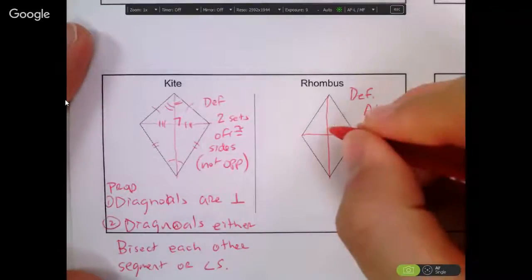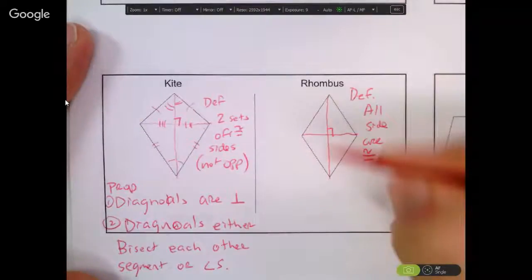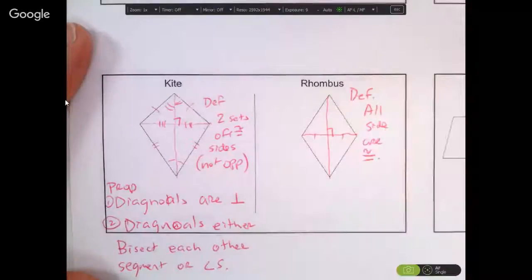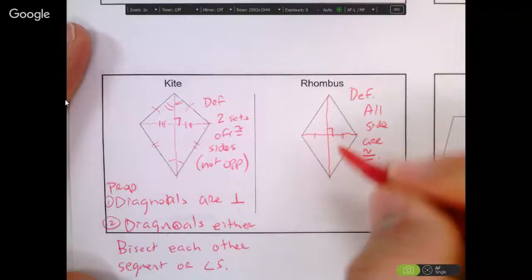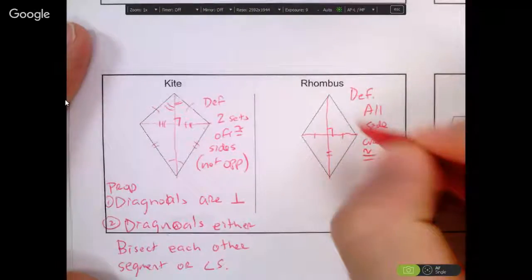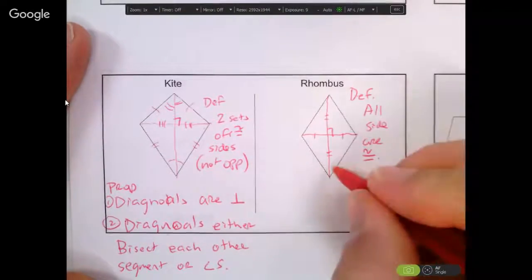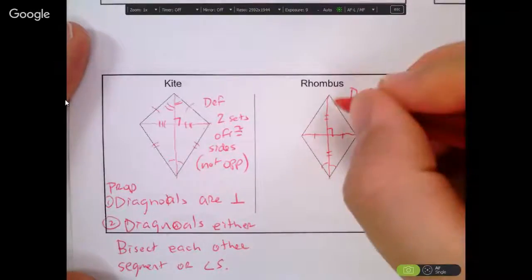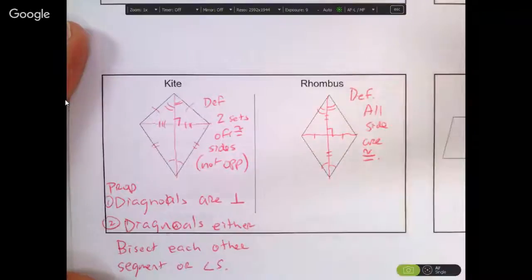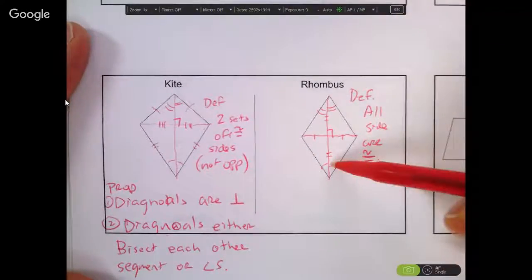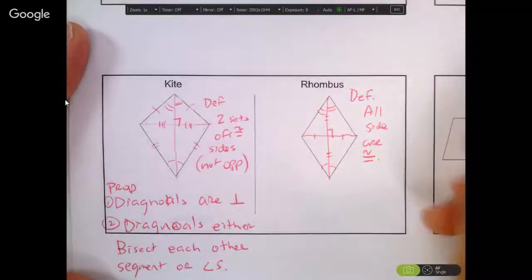It's 90 degrees. The segment here is congruent to that segment. This one's congruent to that. This angle is congruent to that angle. This angle is congruent to that angle. Wait, are those two angles congruent to each other, like this one's congruent to that? Oh, yeah, it actually is.